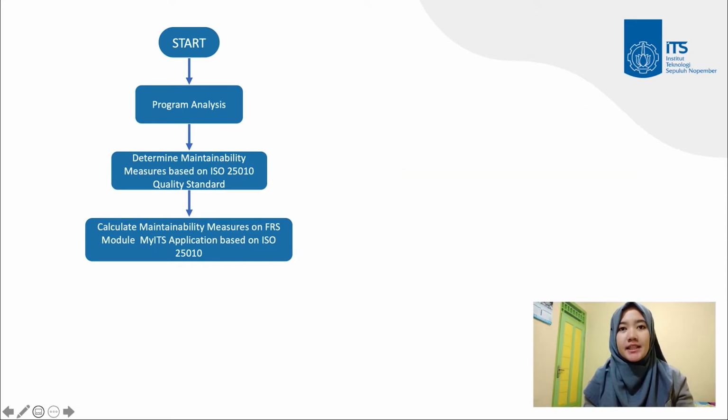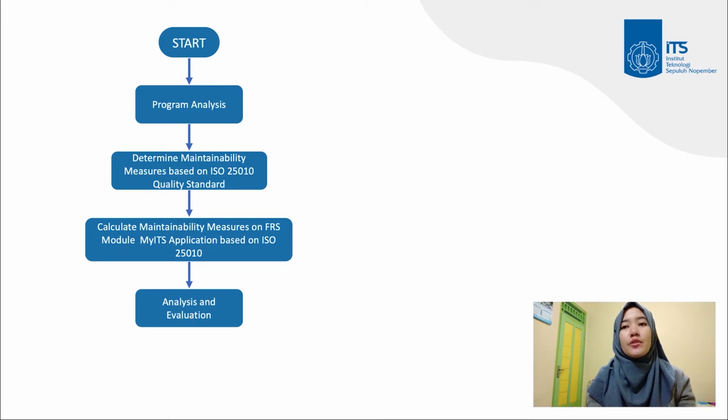At the end, an analysis of the results of the maintainability measurement and evaluation is carried out. The result of the analysis and evaluation can be used for further application development. It can also be used as a reference in making similar applications.